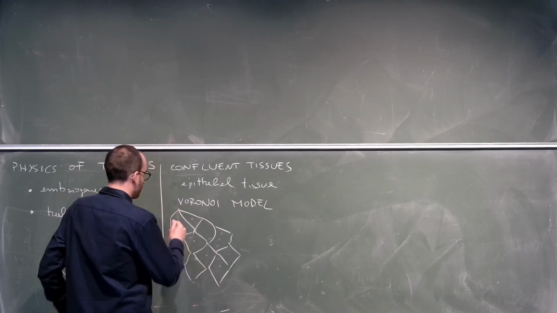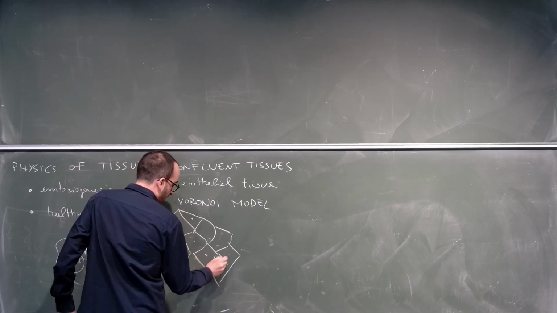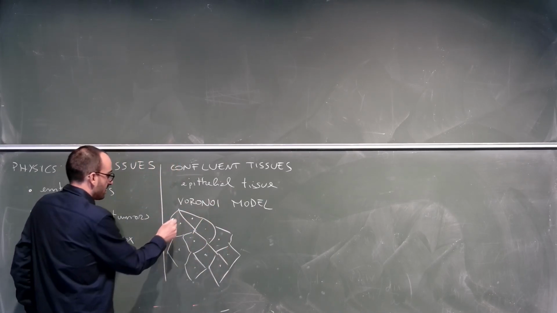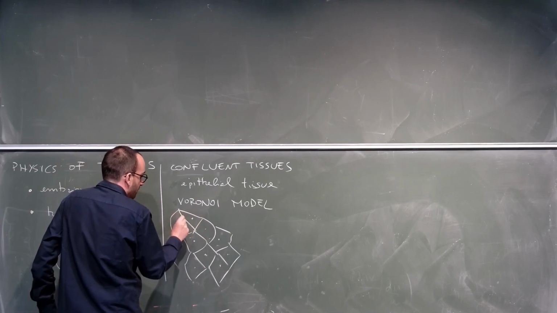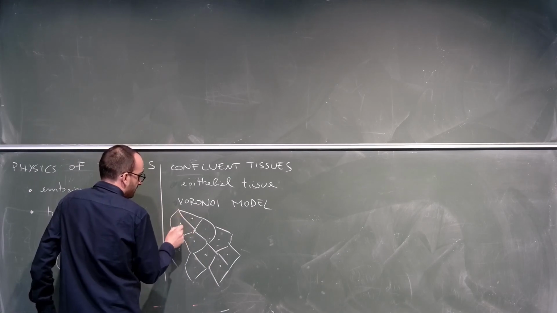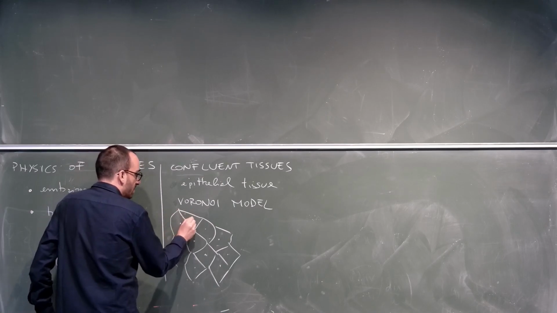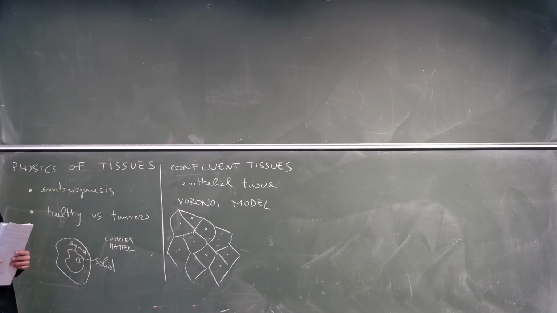What you do is that you throw random points in space, and you do the Voronoi tessellation. So what is the Voronoi tessellation? You partition the space in such a way that, for example, this point is the closest to this one, this point is the closest to this one. So you partition the space according to which center of the cell is the closest to you. Okay.